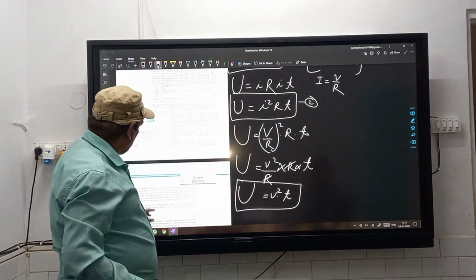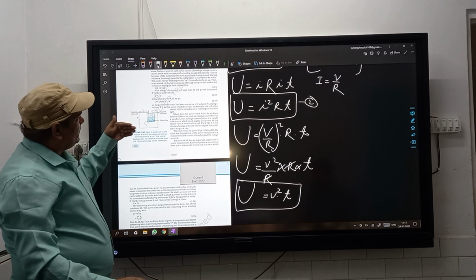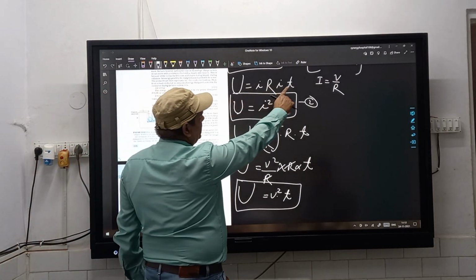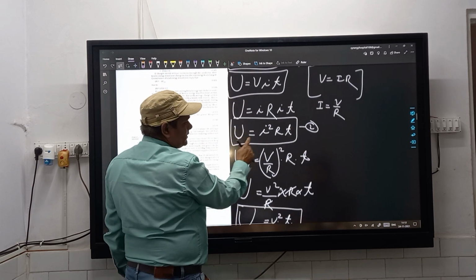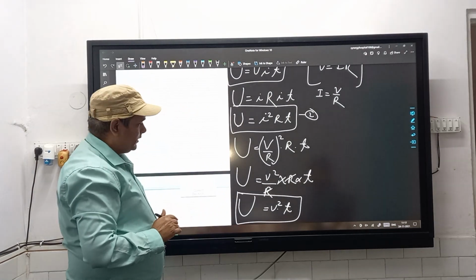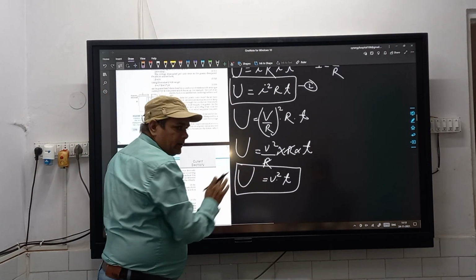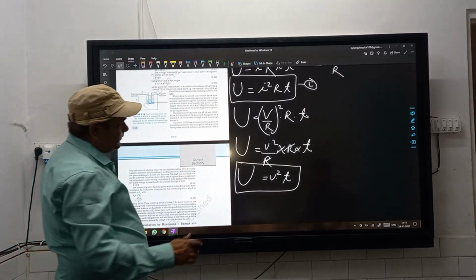ठीक है. So electrical energy can be found out by many formulae such as V I T. This was the first formula. Second is I square R T, and third is V square T upon R. What is the unit of electrical energy?